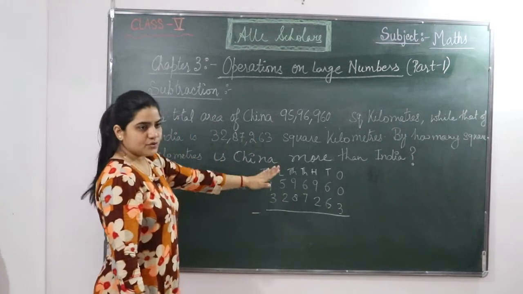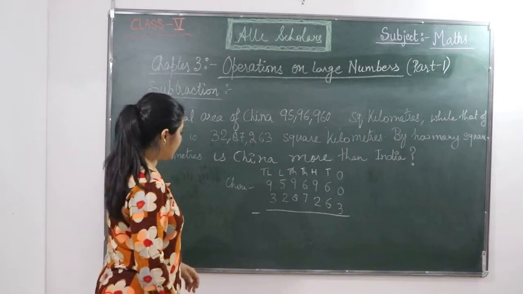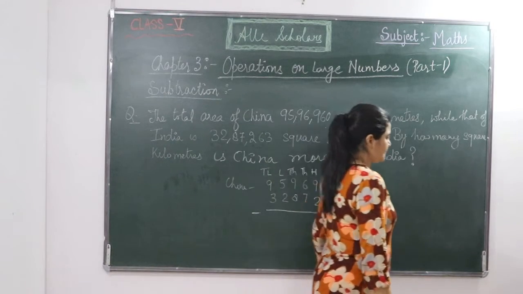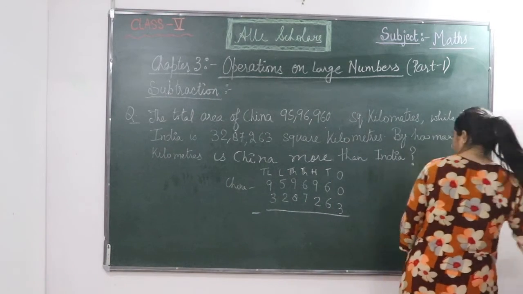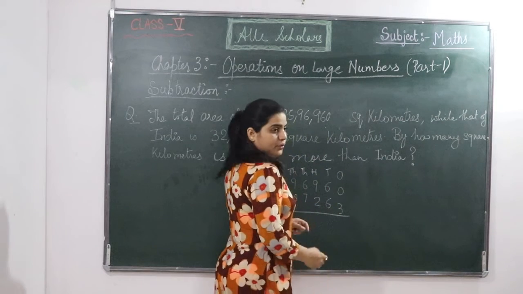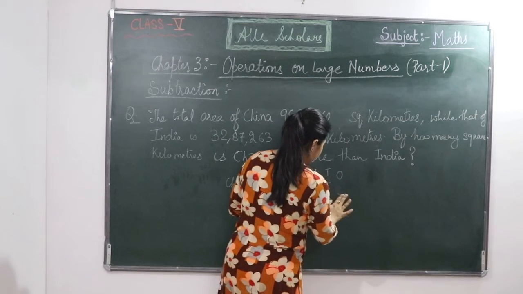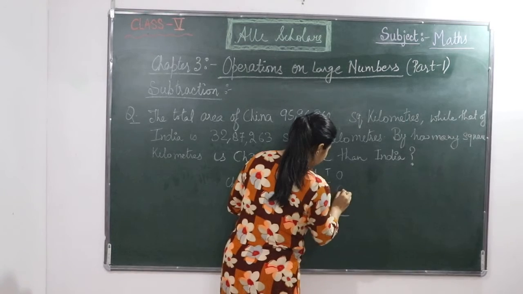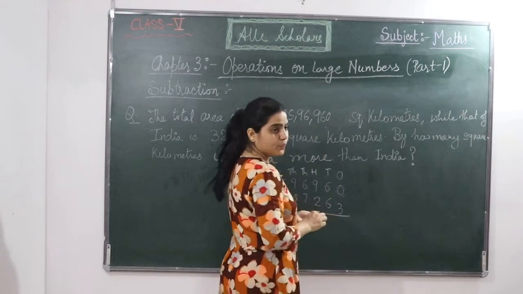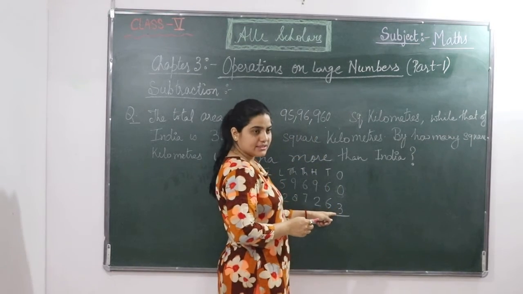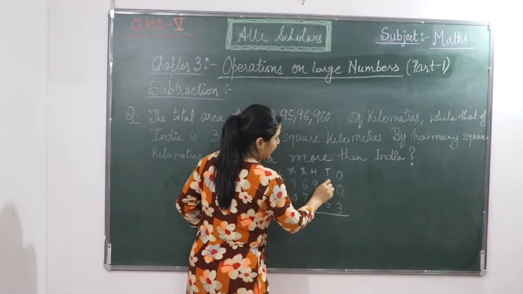Okay, so we have to subtract these numbers. Now when we do the subtraction, here what we will see is 0. From 0 we can't minus 3. So we will take one carry.